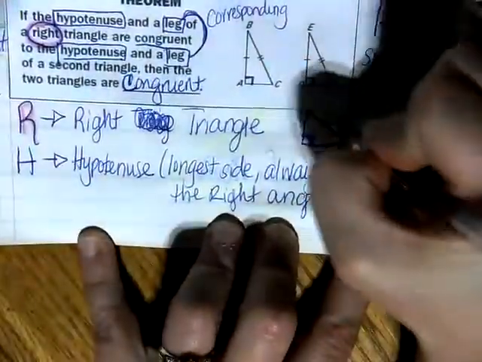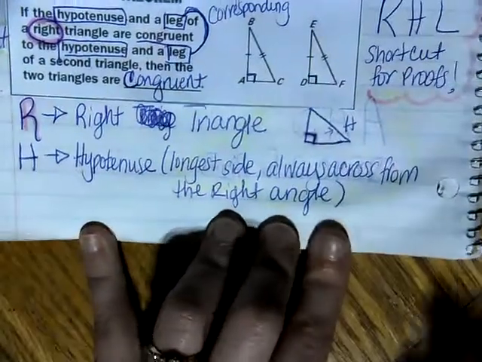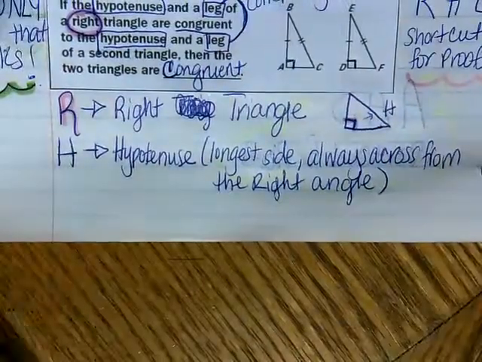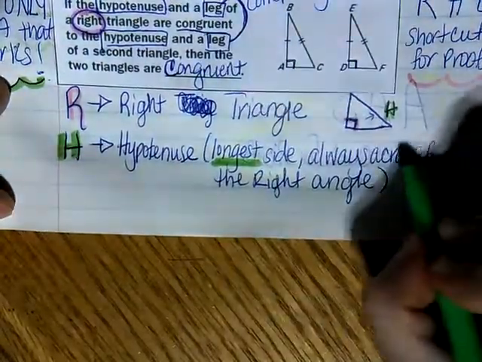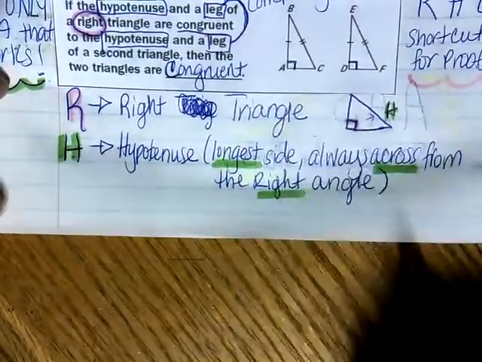So it's the longest side, and it's always across from the right angle. So that's your H. It is the longest side and always across from the right angle.